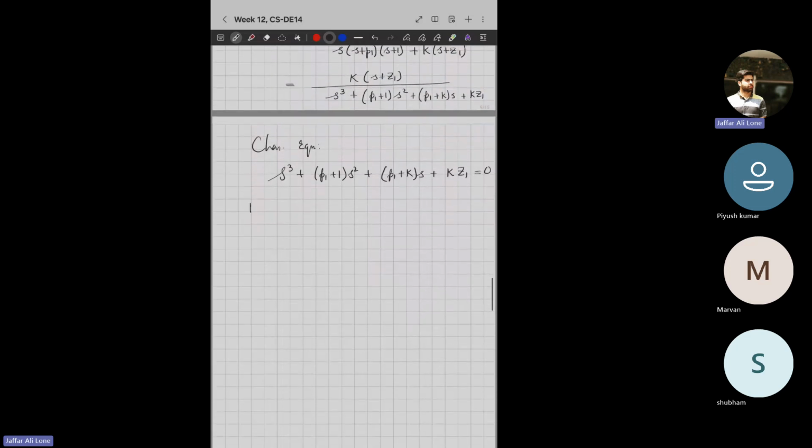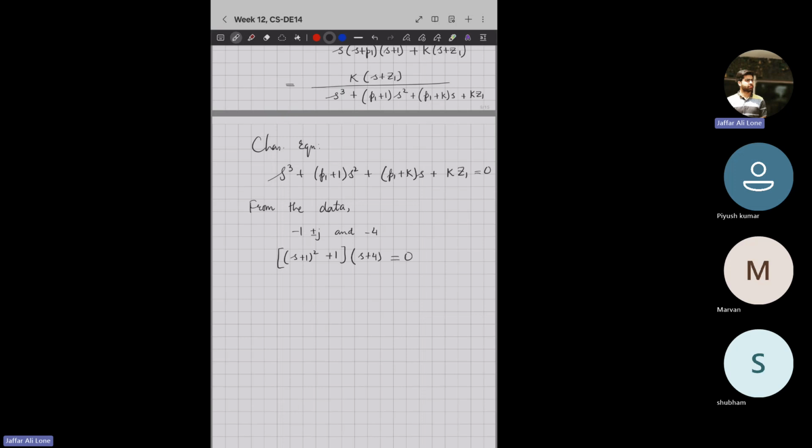So from the data, what do we have? There are poles at -1 plus minus j and -4. So we can form the characteristic equation from this. We can form it like this: s plus 1 whole square plus 1, into s plus 4.